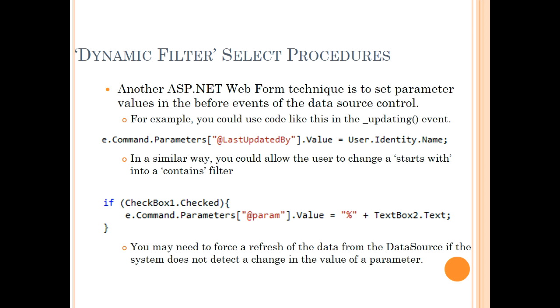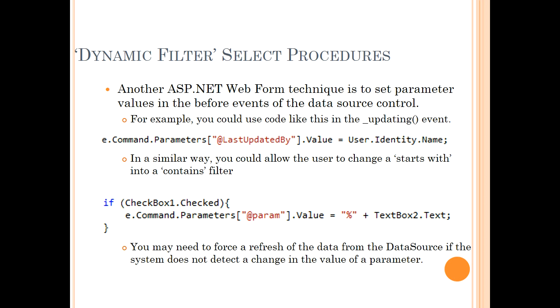So depending on that logical test, if some checkbox is checked, for example, then we can take the existing parameter value and modify it, or we can just take the text right out of the text box and concatenate on that wildcard character at the beginning. So our stored procedure could be set up for a starts with, and by adding that extra character, we can change it to a contains type of search.